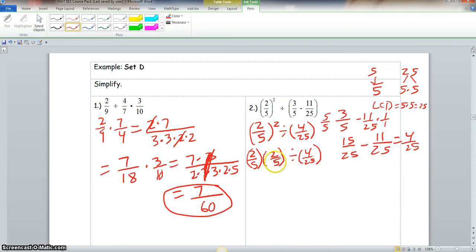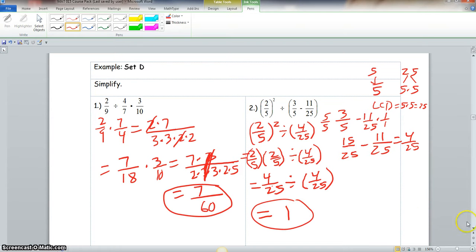So we have multiplication and division. We know we'll do the multiplication because it comes first from left to right. So now we will have 2 times 2 is 4, and 5 times 5 is 25. And that's divided by 4 over 25. Now remember, any number divided by itself except 0 is 1. So your answer here is just 1.